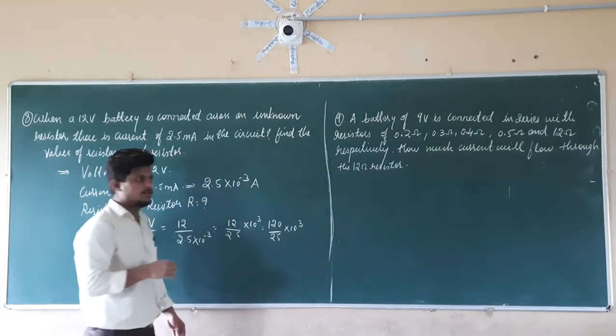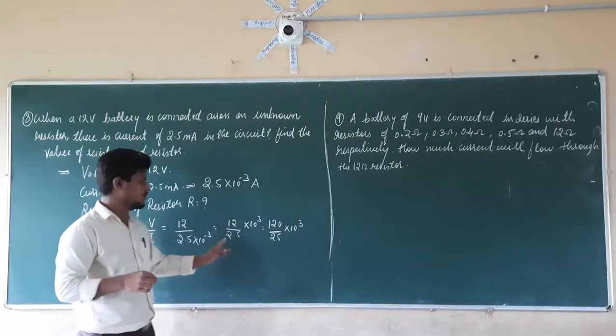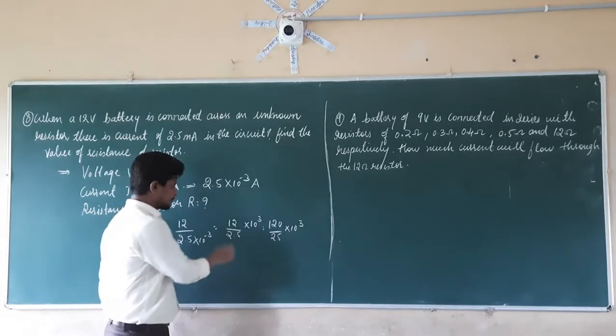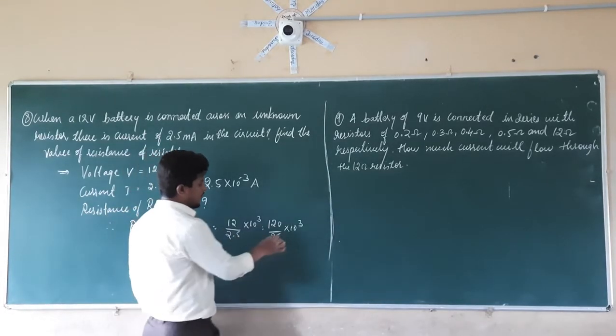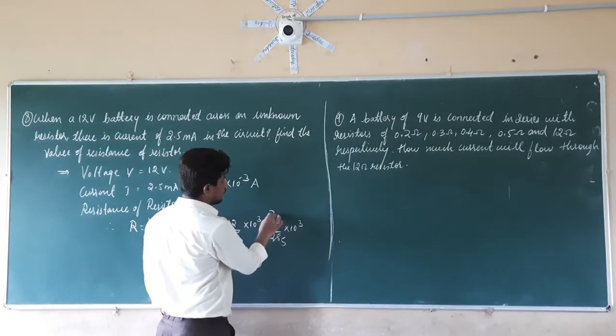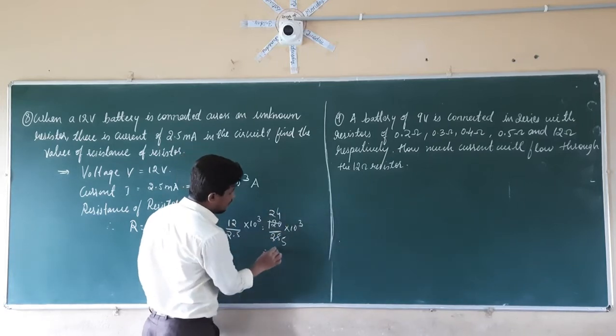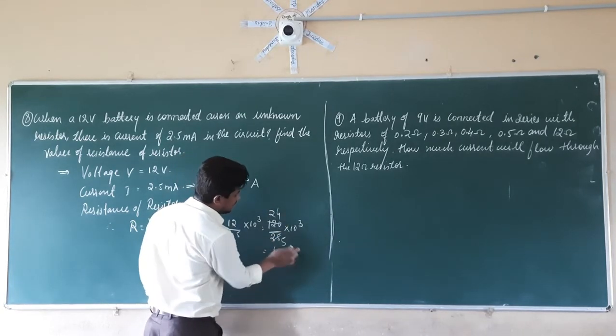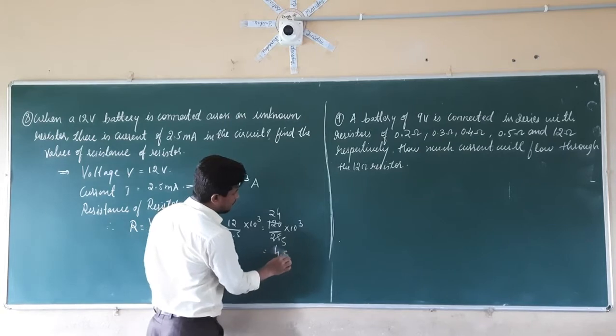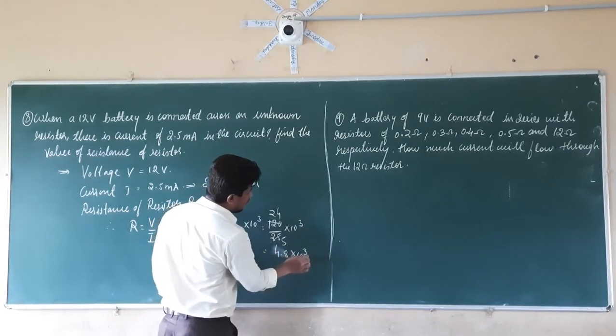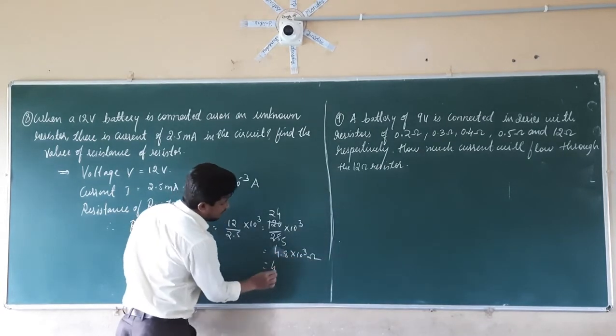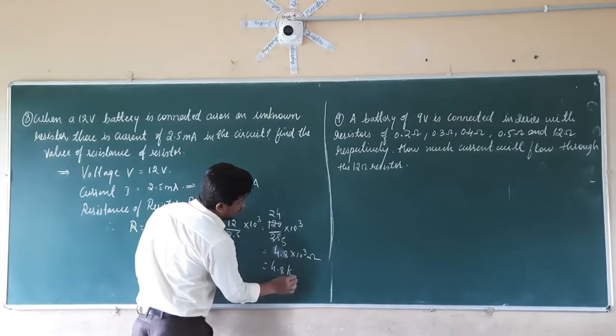I am multiplying the denominator and numerator by 10 so that I can remove the decimal point. So this will be 48 divided by 10, or you can say that is equal to 4.8 into 10 raised to 3 ohms. So we can say it as 4.8 kilo ohms.